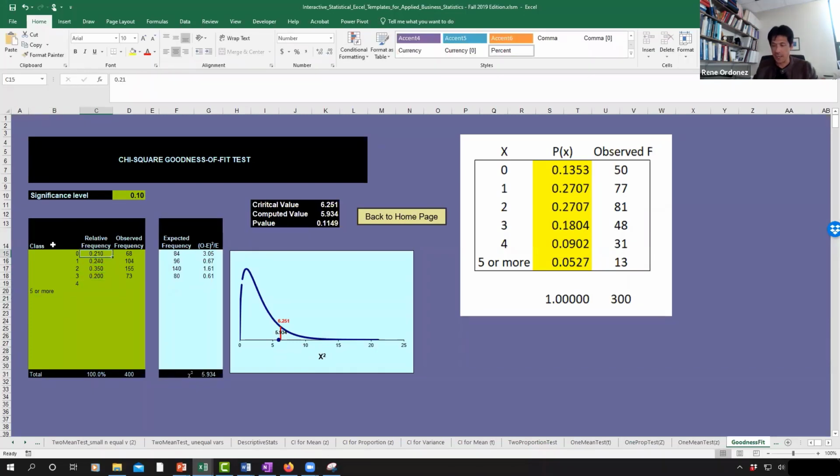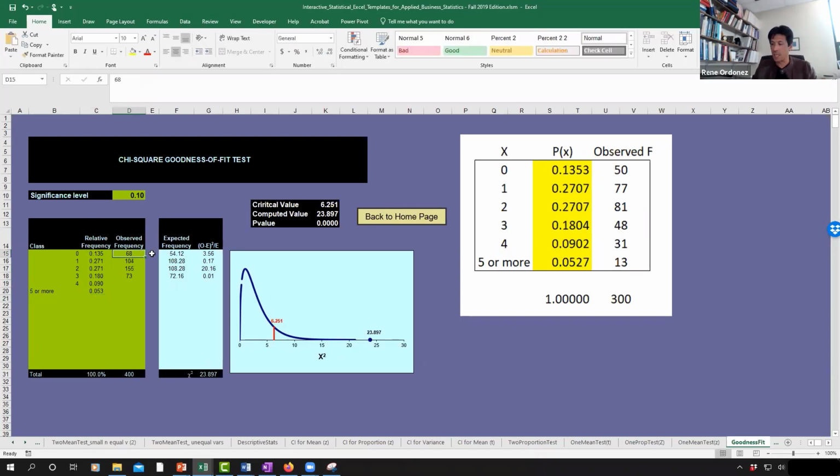Relative frequencies are 0.1353, 0.2707, 0.2707, 0.1804, 0.0902, and 0.0527.